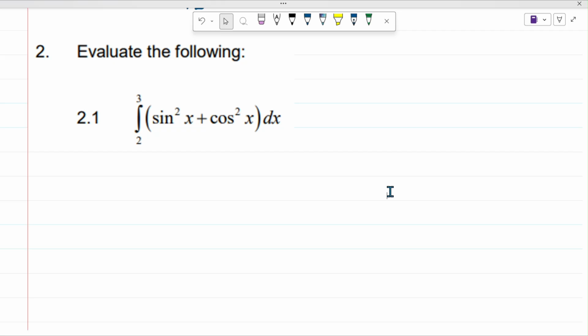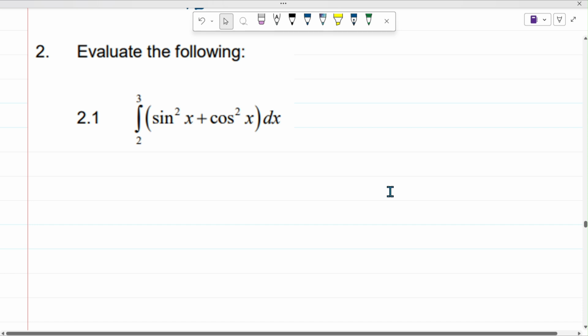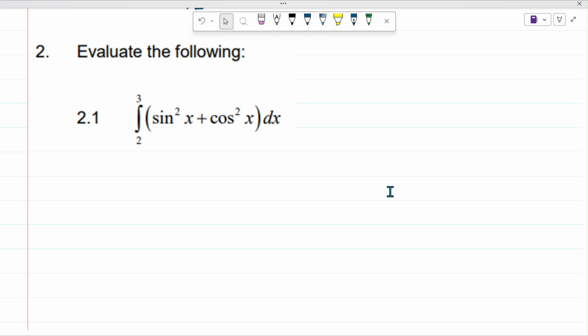In integration, like I always say, we need to always think of simplifying before we think of any rule. If we can simplify, then we have to go with that, so that it can make our life easier.